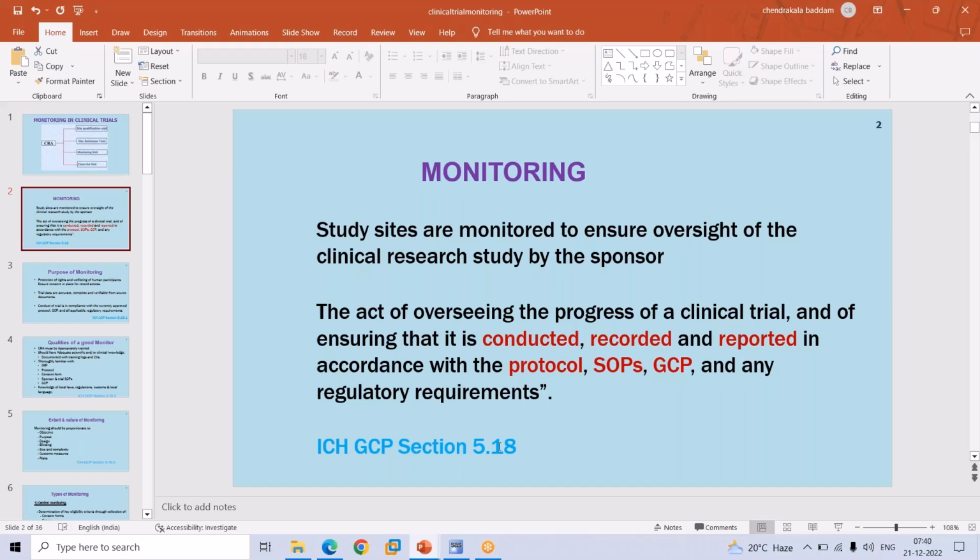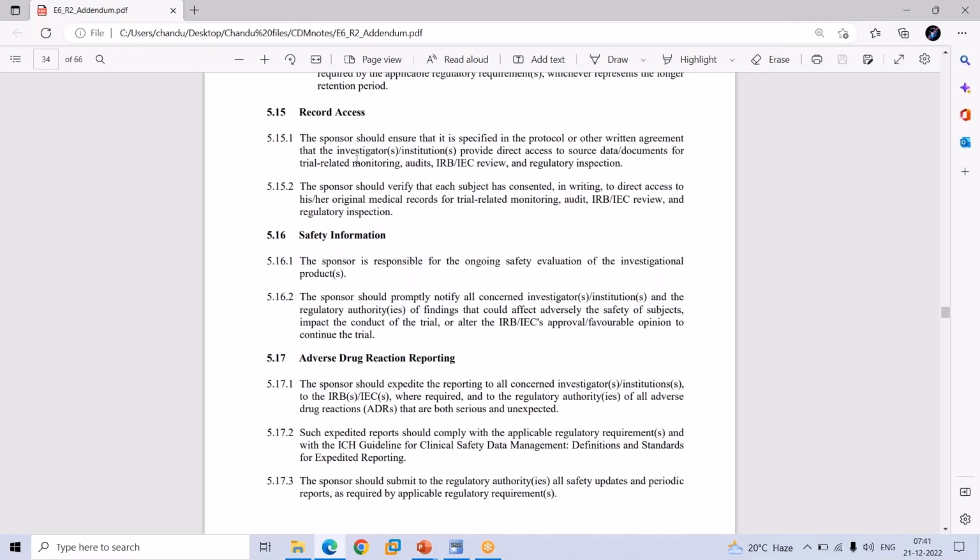When you are conducting any clinical trial, it should be as per GCP, good clinical practice. We have these GCP guidelines in E6. You can see GCP guidelines in E6.